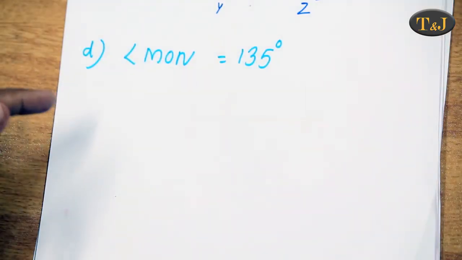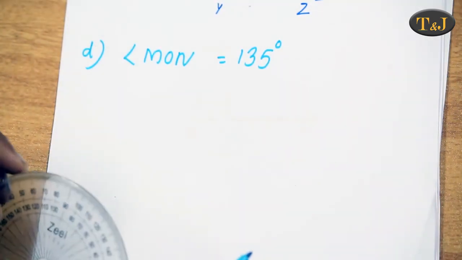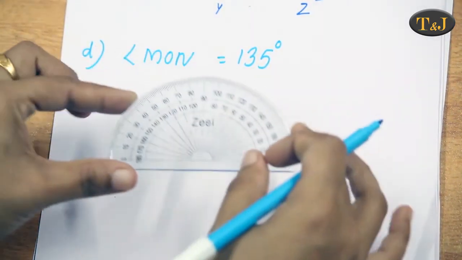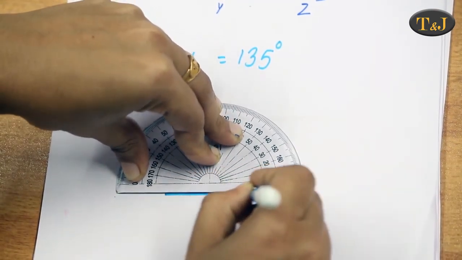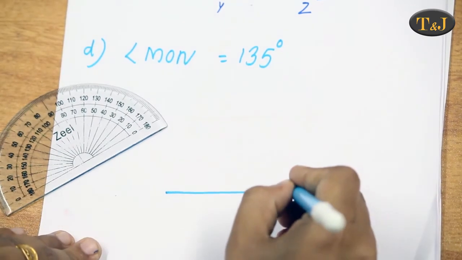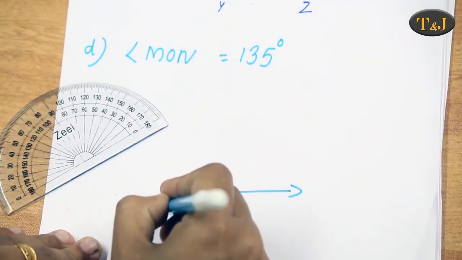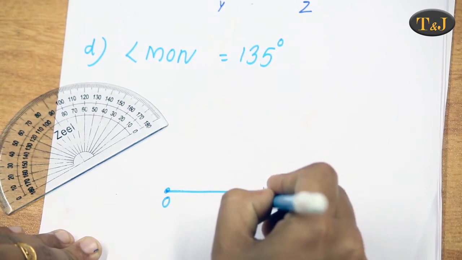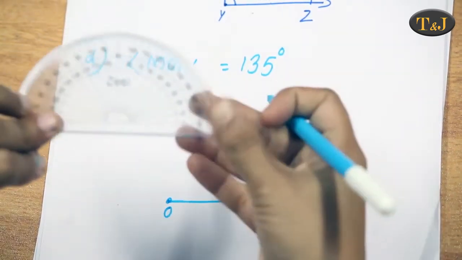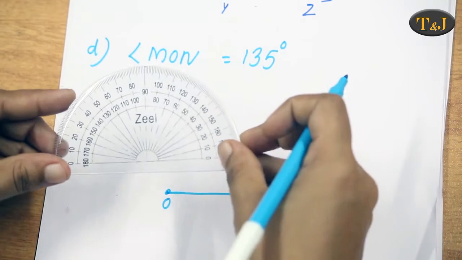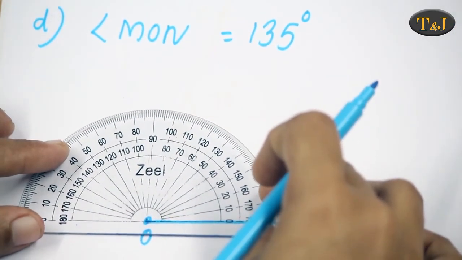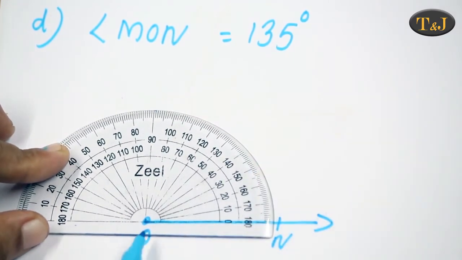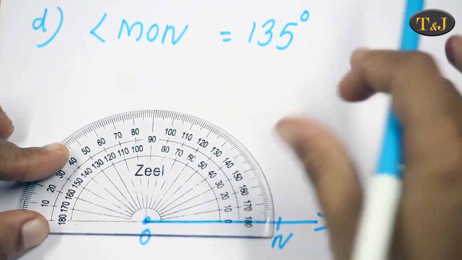Then our next example: consider the angle MON equal to 135 degrees. First we draw the ray ON and mark it as ON. Then place the protractor with the center of the baseline at the starting point O. Then here we want 135 degrees.